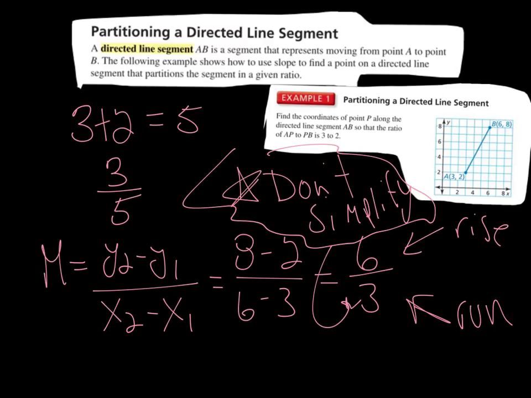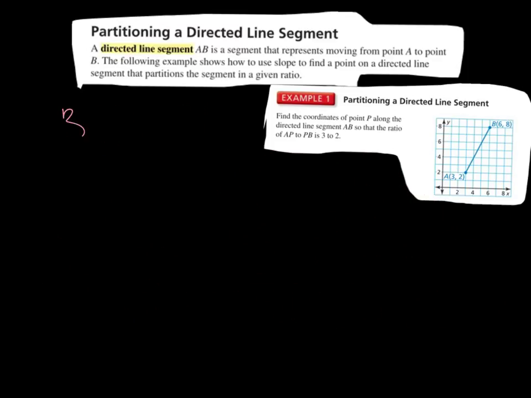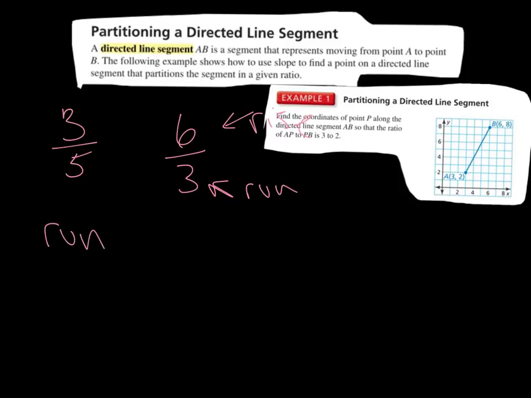I'm going to delete some of this stuff, just try to situate it. We want to find a point that is 3/5 away from point A. So what we want to do is take our run. We know that before it was 6 over 3. This was our run. This was our rise. So we just take that run and we'll take 3/5 of it.